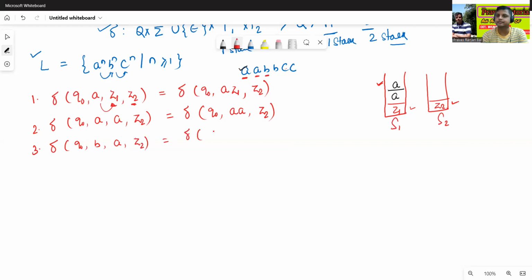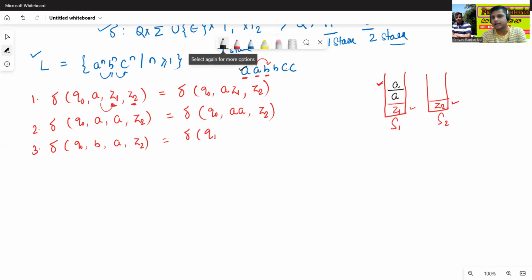We have already discussed when we change from A to B. Why do I change the state? I have already discussed many examples in the previous video of pushdown automata. When I go from A to B, I change the state. So this is Q1.